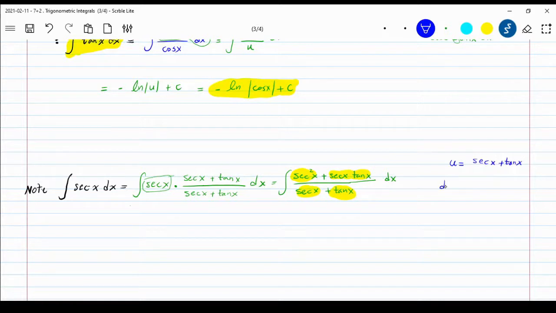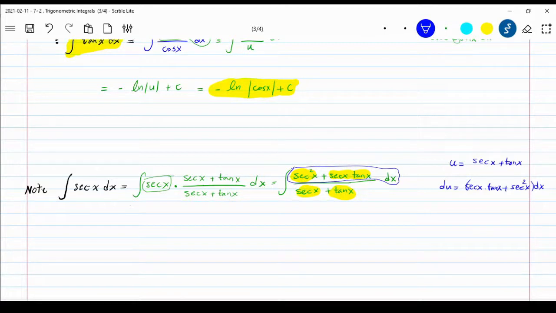What would be du? The derivative of secant would be secant x times tangent x. And what would be the derivative of tangent? It would be secant squared x times dx. So this whole numerator multiplied by dx is just du.